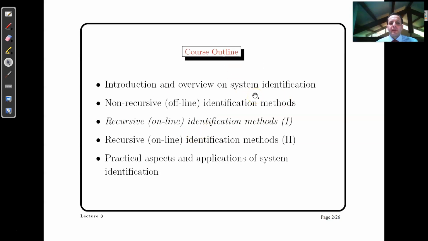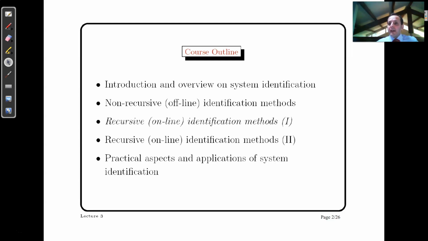So for this course outline, in the previous lecture we saw some introduction and an overview on system identification. Then in the previous lecture we examined in a little bit more detail the non-recursive or offline identification methods, especially the least square and the prediction error method.